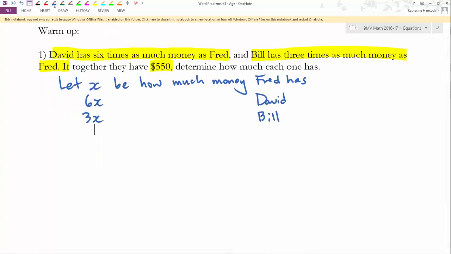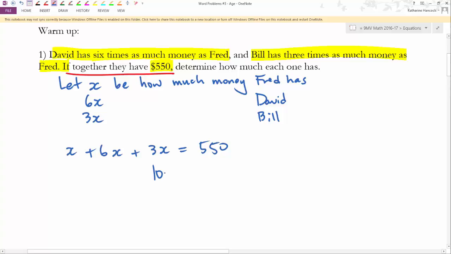And all together they have 550. So that's going to be x plus 6x plus 3x equals 550. And then we'll solve it. So 10x equals 550, divided by 10, x equals 55.